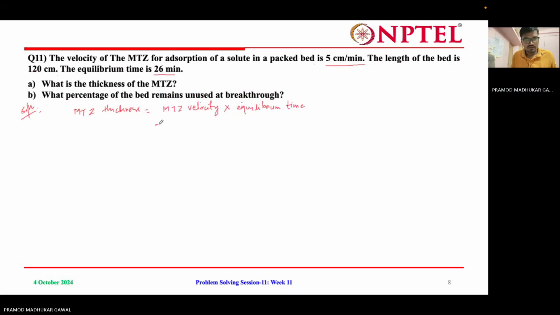The MTZ velocity is 5 centimeter per minute, and equilibrium time is 26 minutes. So it is 130 centimeter. This is the thickness of the MTZ. This is the first part. Now the second part.